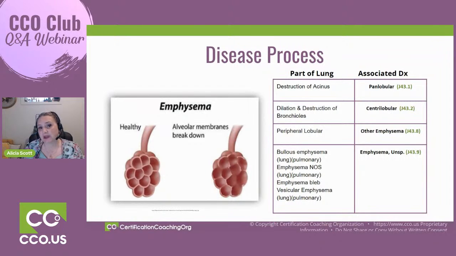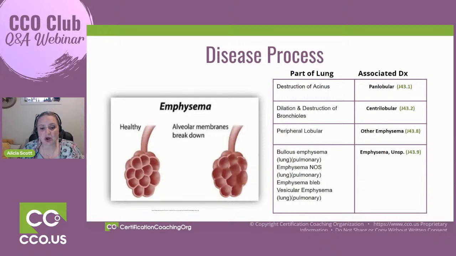Well, when we are identifying emphysema, we can identify where it's located. Now, we all know we have different lobes of our lungs. I think the right side has three and the left side has two. I can't remember. Sometimes I get them confused. But look at the part of the lung to be able to identify which code is the proper code.